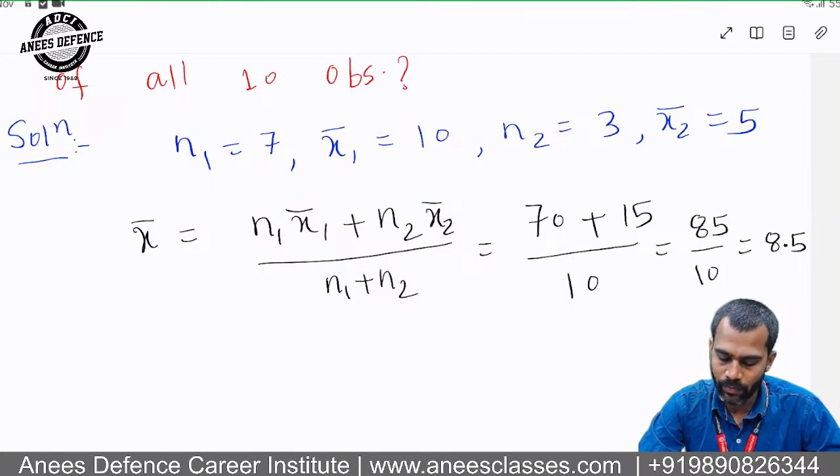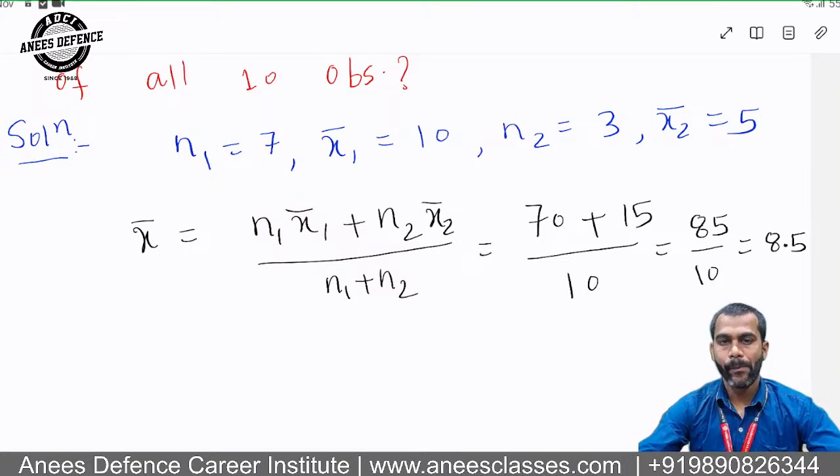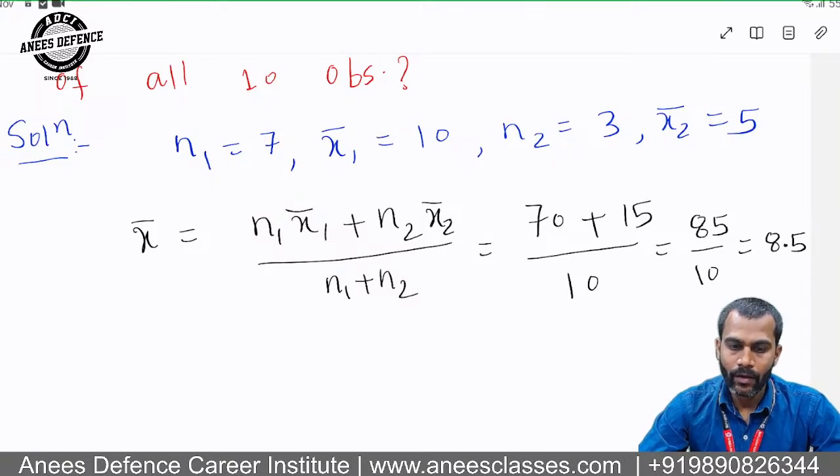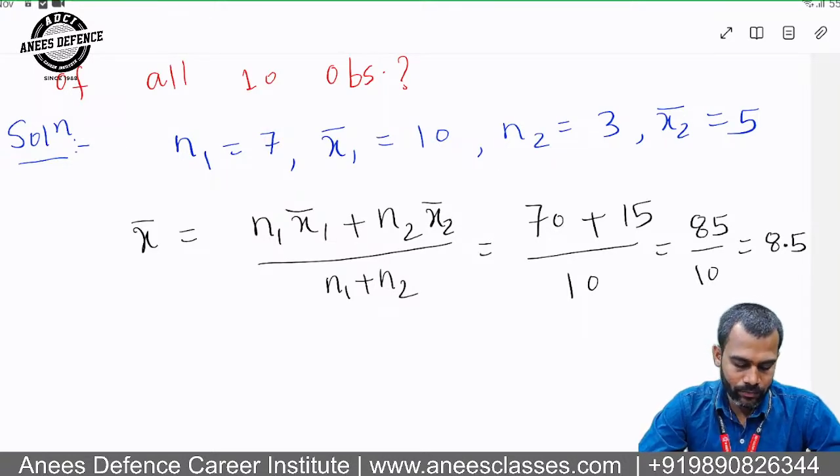Understood. The answer is 8.5. Shall we move ahead? Now we have already covered AM, the arithmetic mean.